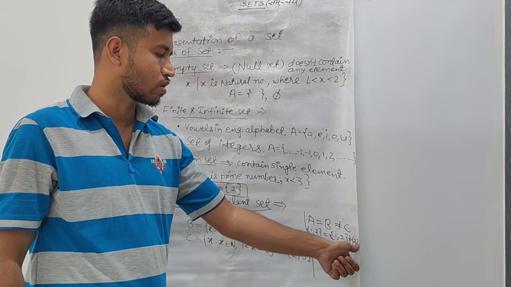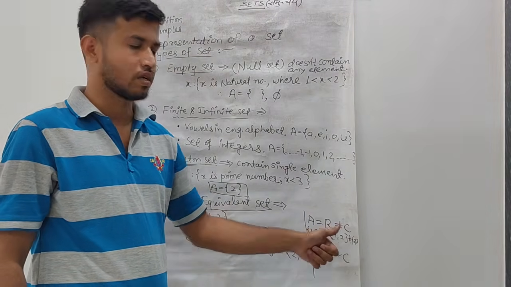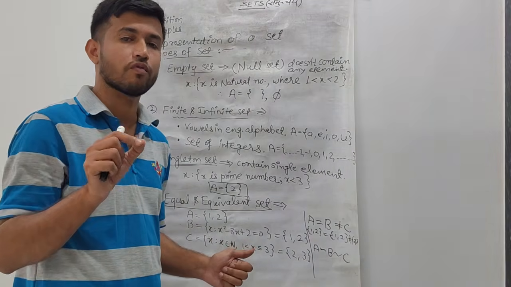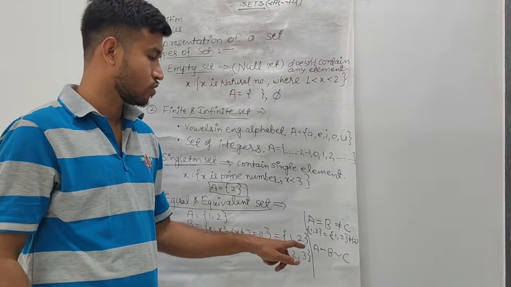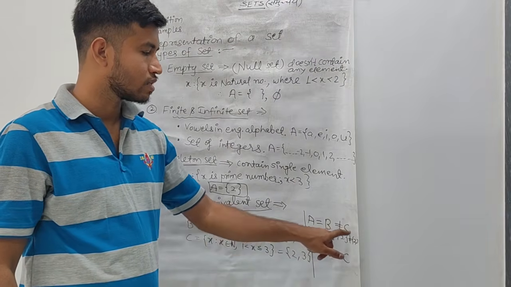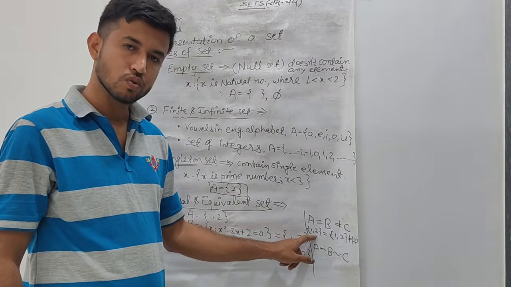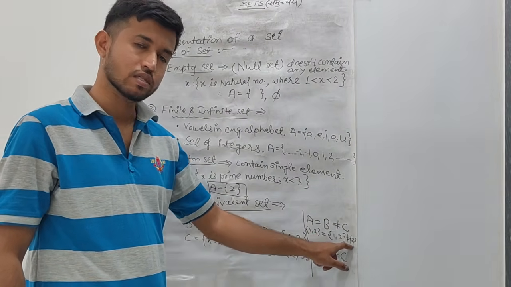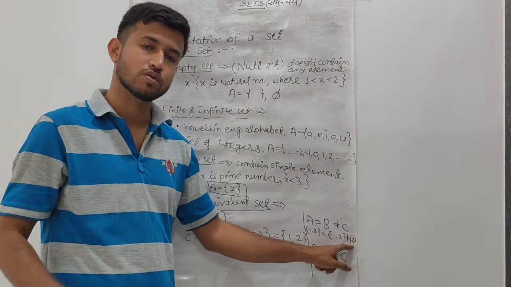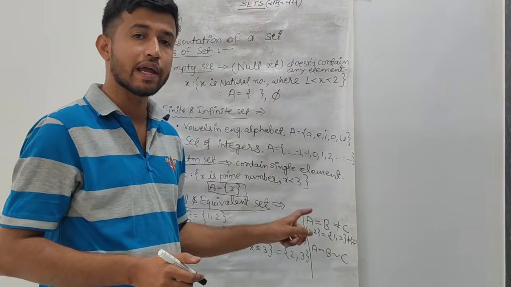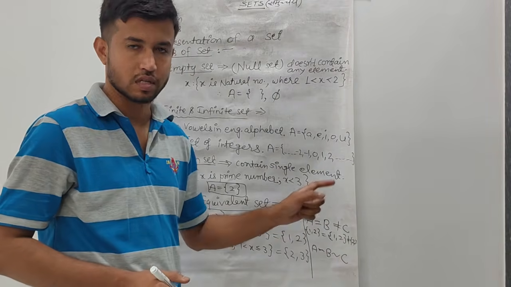But 2 and 3 is not an equal set. In an equivalent set, we see whether the number of elements are equal or not. So A, B and C contain an equal number of elements. Set A has 2 elements, set B has 2 elements, and set C also has 2 elements. So A, B and C are equivalent sets, but A and B are equal sets, not C.